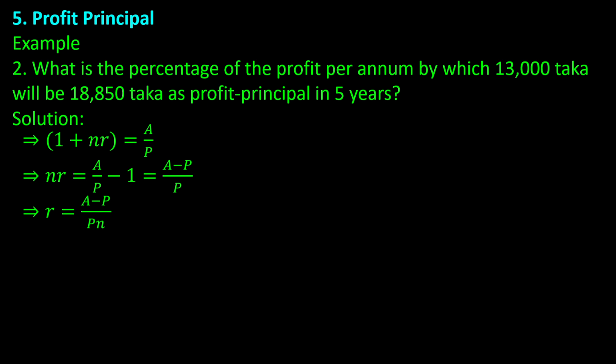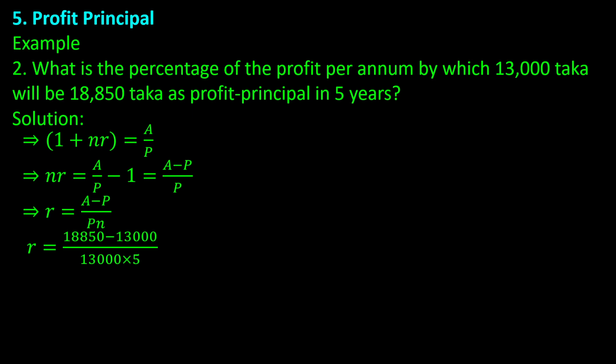And doing the calculation we get A minus P divided by P. So R equals A minus P divided by PN, because I bring N from the left side to the right side, as we have to find out the rate of profit. So I keep R on the left side.